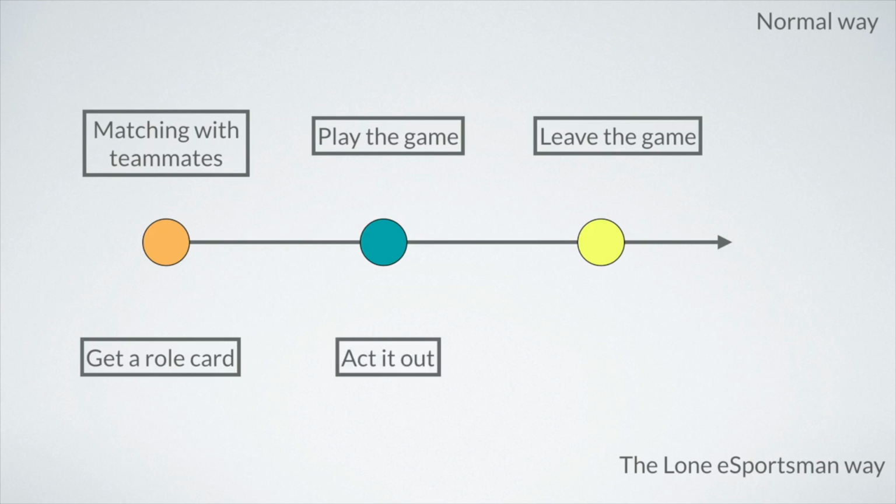And during the game, you will act it out and play the roles based on whatever the card tells you. And after the game, you will have a conversation where you discuss the game, evaluate your teammates' performance, and even vote to identify the roles of each gamer.